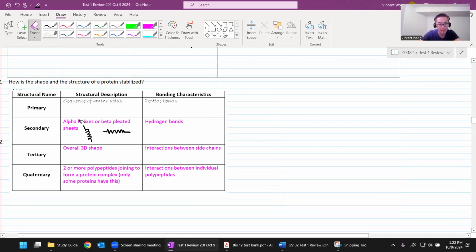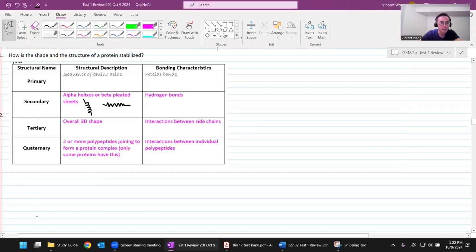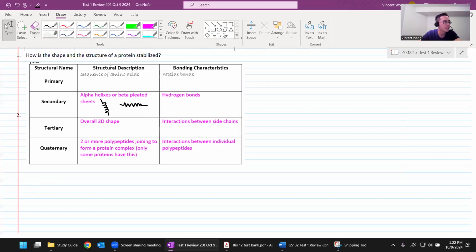These are like zigzag. This is like a coil. And what the question is asking about stability is what kind of bonding holds these structures together. I'm not going to read them to you to save some time. We will move on to the next question though.